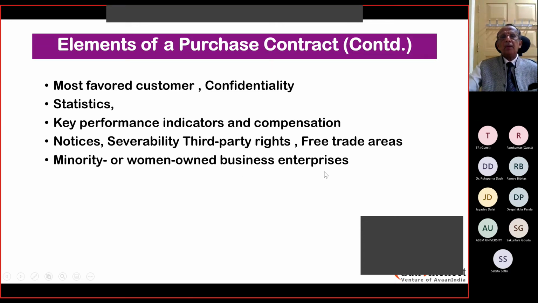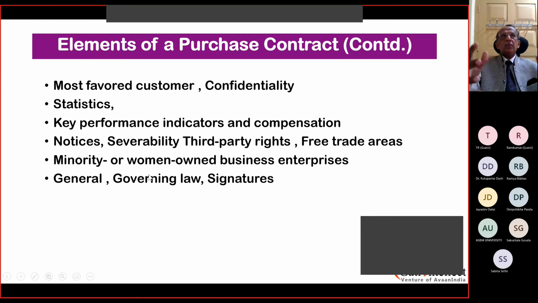Minority or women-owned business enterprises. Then general governing law. Now this is something which I will talk about as we go along, because there are so many things connected with that. Now, say you are the buyer based in a Gulf country, and you're buying from Germany. You may stipulate that the law applicable for this procurement is UAE law.